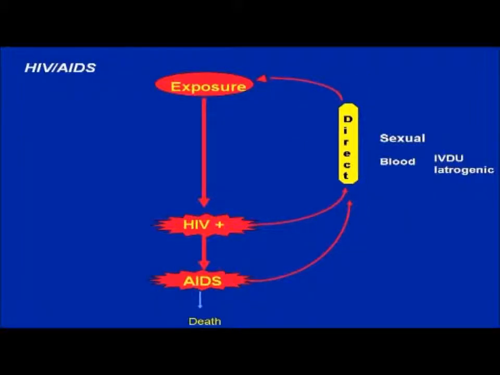Another example is HIV or AIDS. It is a retrovirus infection. This is the systematic cycle of HIV. In HIV infection there is no symptom, and in AIDS it has some symptoms, and it is transmitted through sexual activities, blood and IVDU, intravenous drug use. So we can draw this chart.